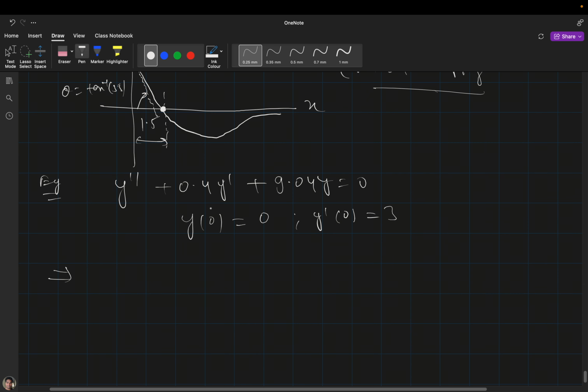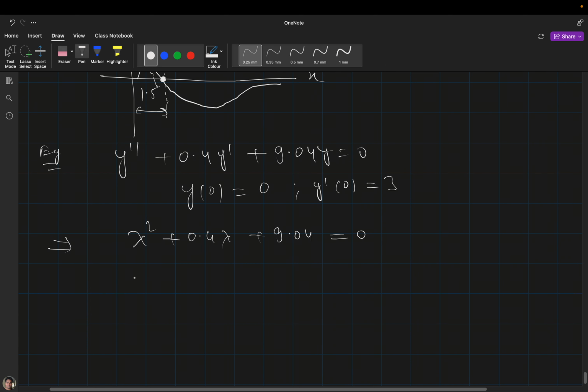So lambda square plus 0.4 lambda plus 9.04 equal to 0.